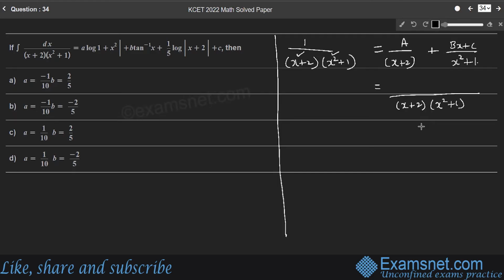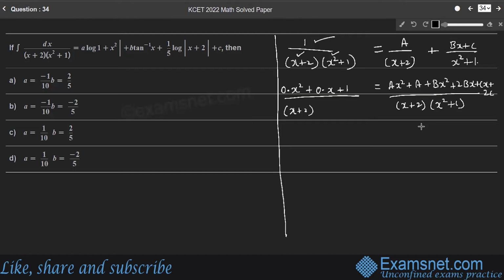Therefore, the numerator becomes ax square plus a plus bx square plus 2bx plus cx plus 2c, which is equal to the LHS written in terms of x square and x: 0 into x square plus 0 into x plus 1, with the denominator as it is.